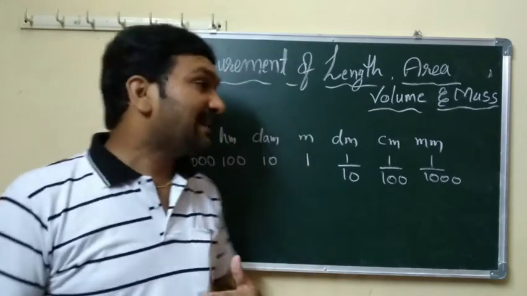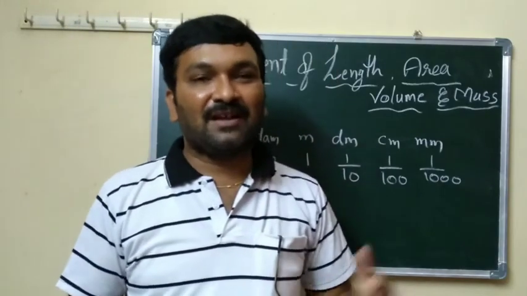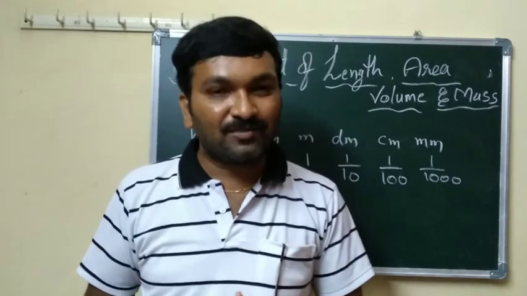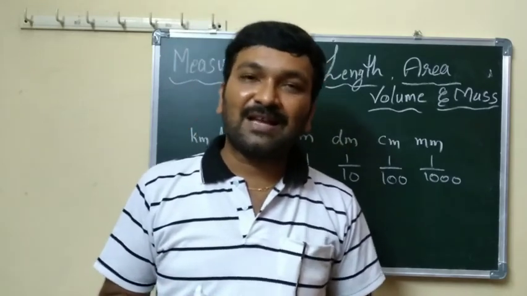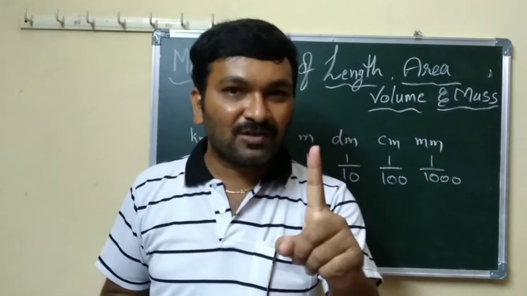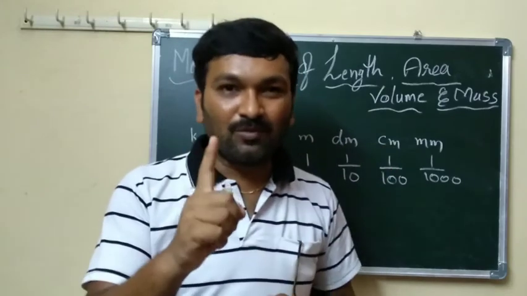Next one is kilometer. You know that: the distance from your town to some village, they will say 8 kilometers or 9 kilometers. There we use 1 kilometer equals 1000 meters. 1000 meters make 1 kilometer.